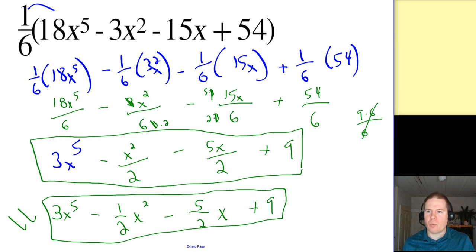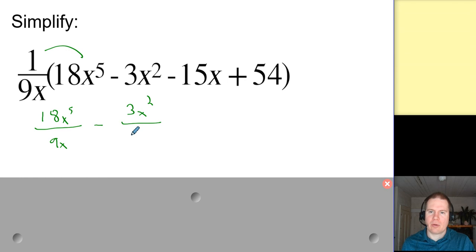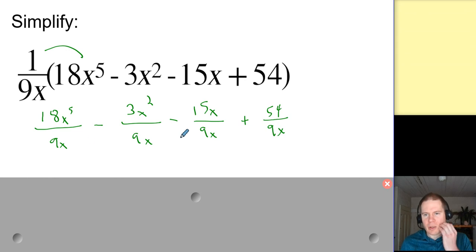All right. One more problem here. What's more complicating here? Right, we have an x in the denominator. So I'll go ahead and distribute. And I'm just, because that's just a 1 over top, I'm going to distribute this as the denominator. All right.